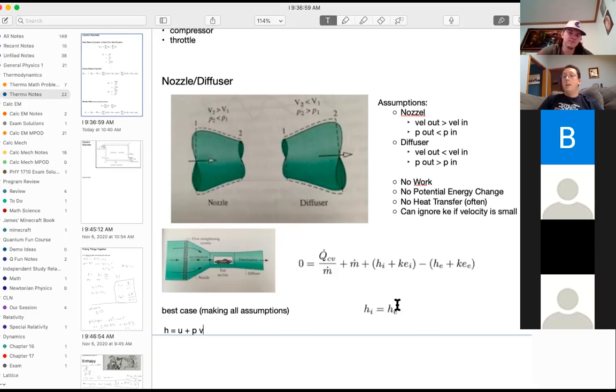Okay, so if the enthalpies are staying approximately constant, say for a nozzle, what happens? For a nozzle, the velocity increases, the pressure drops. So for a nozzle, the pressure drops, but if you're keeping the enthalpy constant, you might be balancing that by increasing the internal energy.